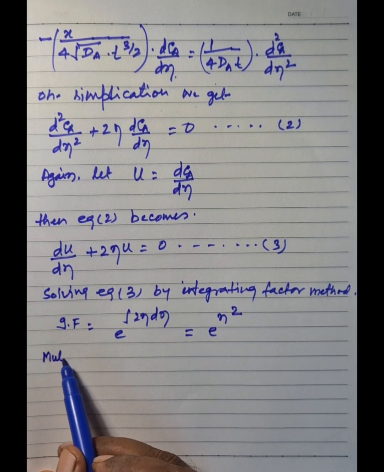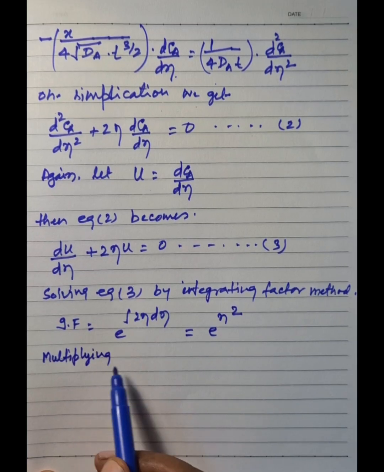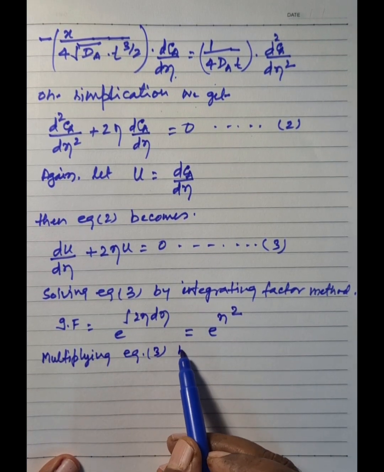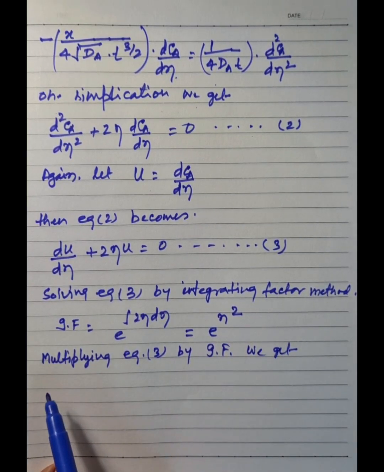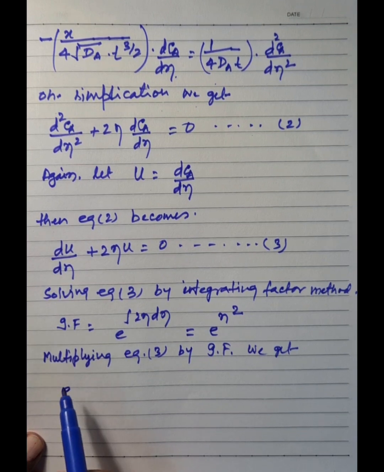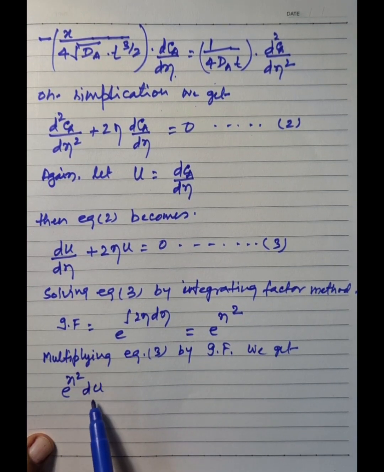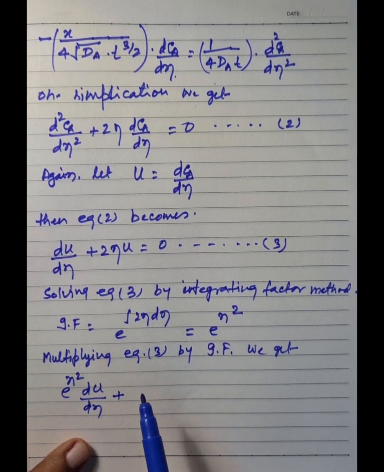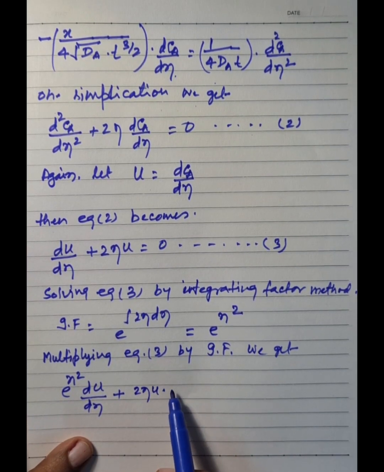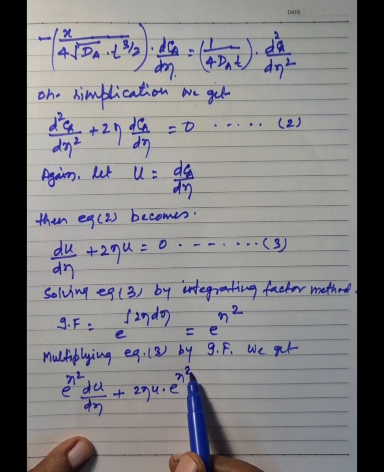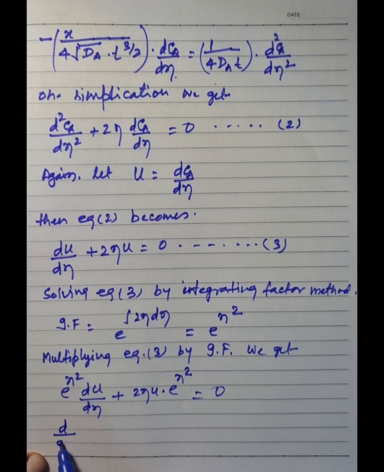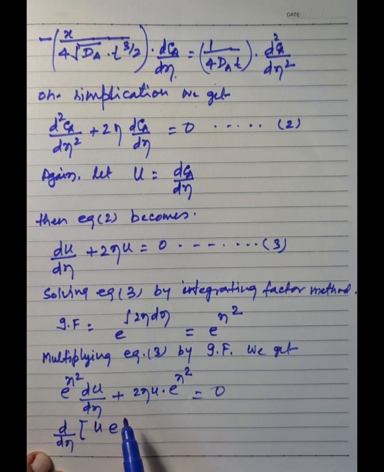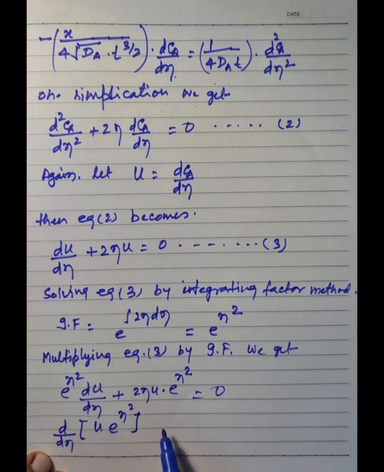Multiplying equation 3 by the integrating factor, we get du by d eta plus 2 eta into u into e to the power eta squared, or this can be written as d by d eta of u times exponential to the power eta squared equal to 0.